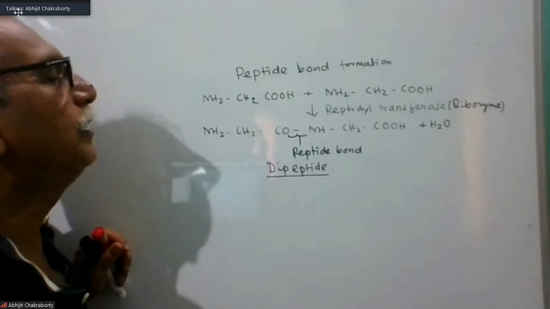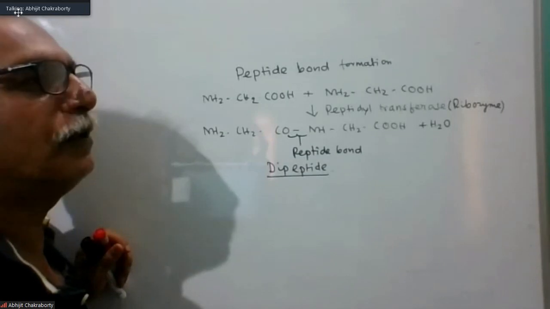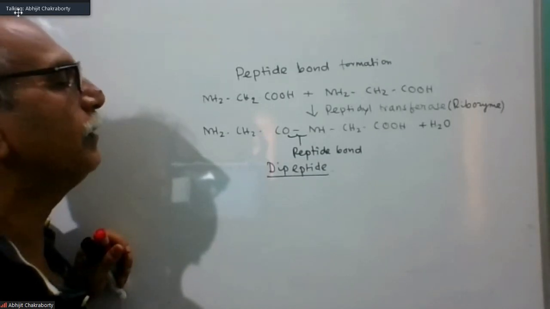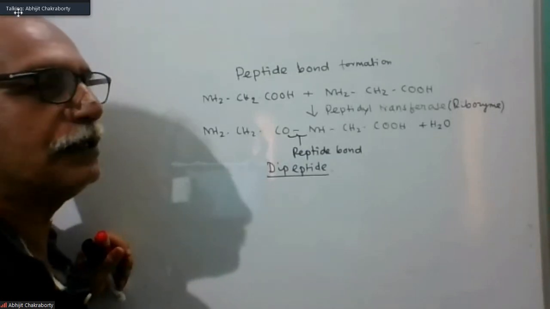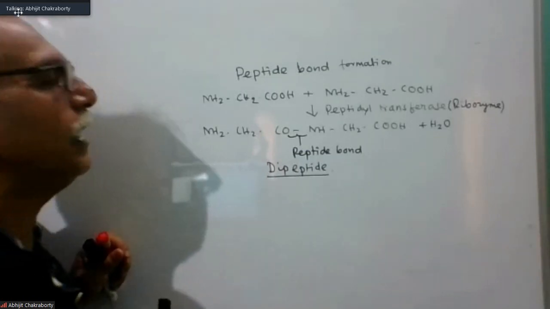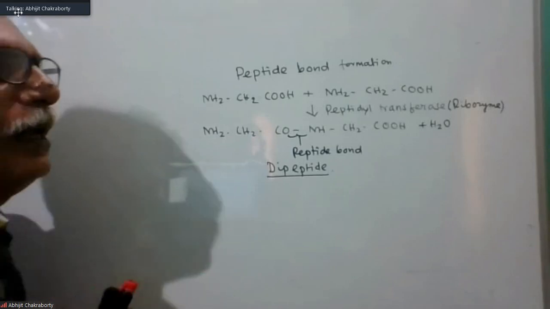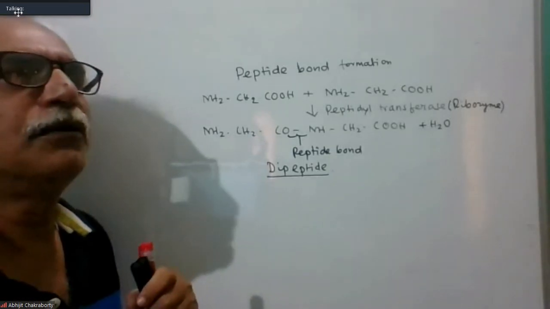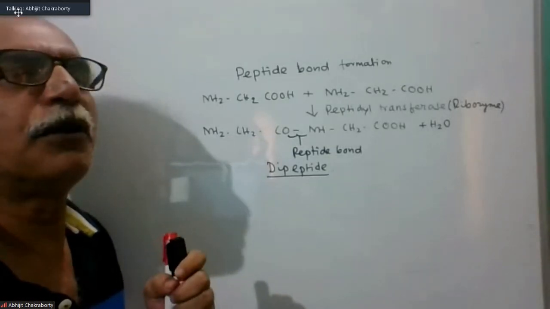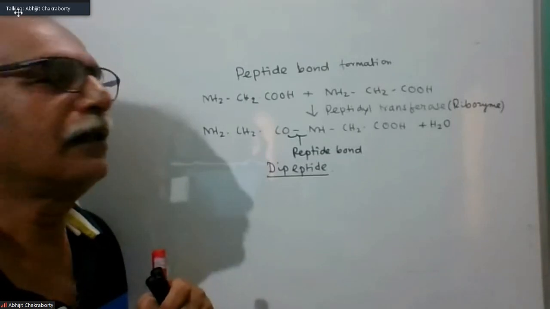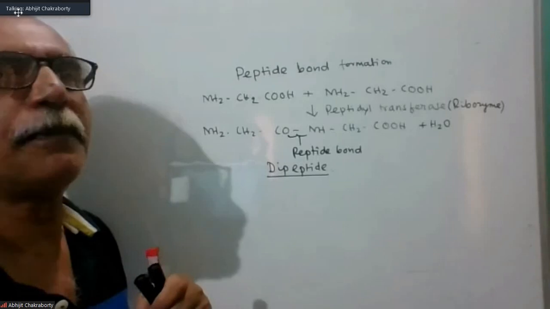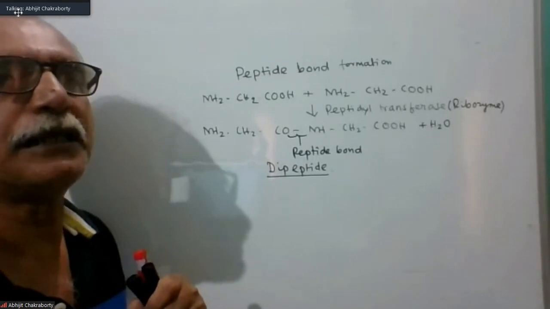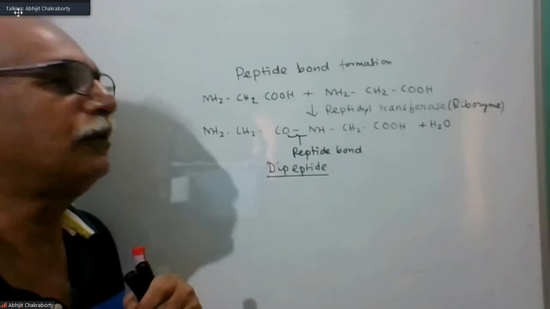So in this way, the formation of protein is initiated. Remember these things? In order to be considered as protein, at least one peptide bond is required. So the simplest protein is the dipeptide. A dipeptide is a protein formed by the union of two amino acids. It's called dipeptide not for the number of peptide bonds, but the number of amino acids involved to form the protein.